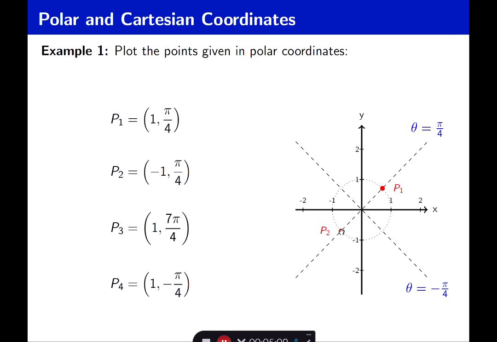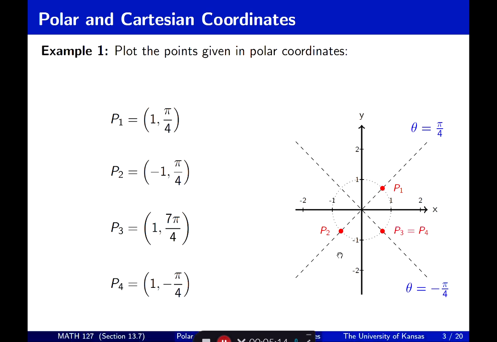So these two are P1 and P2, then P3 is right here, and P4 is going to be the same thing as P3. So I talked about radii that signify theta, and I talked about circles that signify the radius of the point. And so these make the polar grid on your plane.